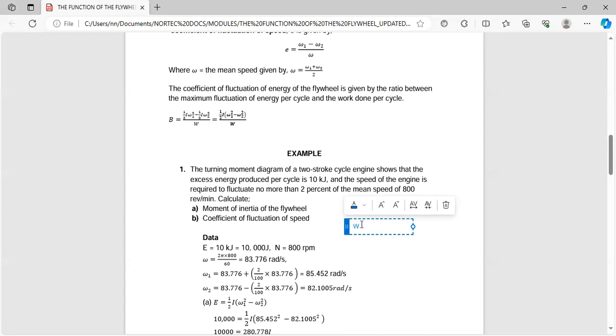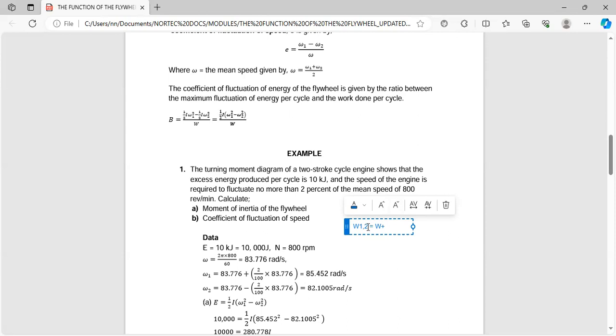Then I'll say, suppose I'm looking at omega 1, it will be that omega 1 or omega 2, I can even say omega 1,2 is equal to omega plus or minus the speed.